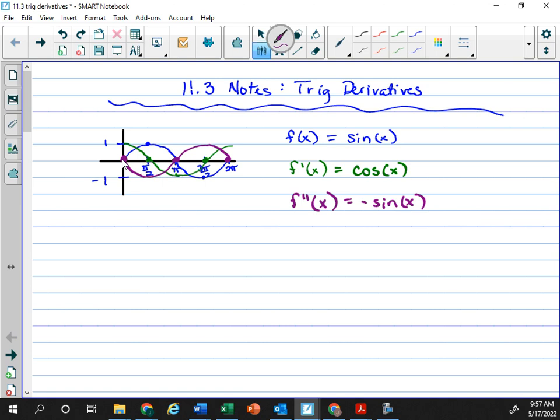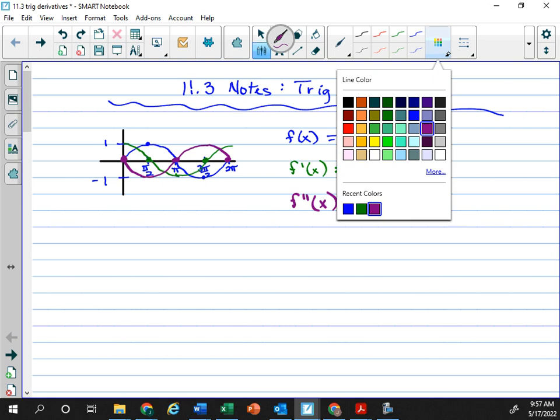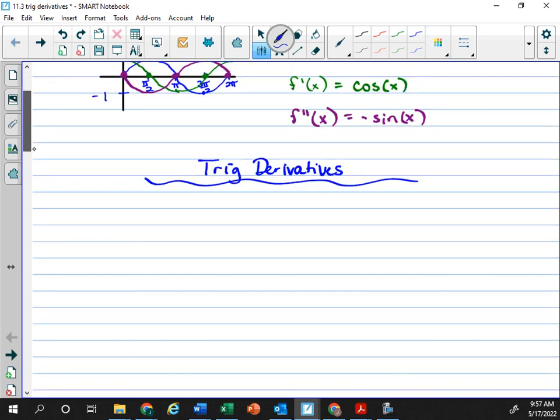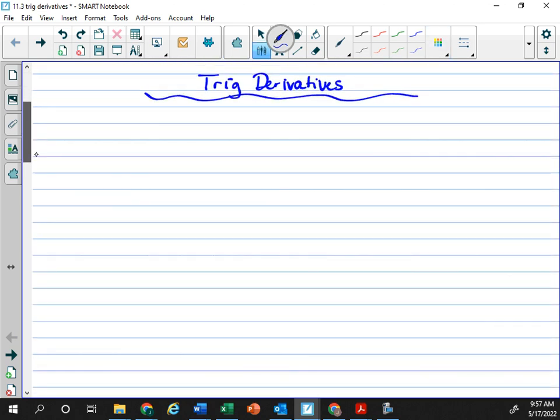We're not going to graph and find the derivatives all graphically, because that gets a little interesting with tangent and secant and cosecant, all of that. So we're going to make a list of our trig derivatives here. Now, I'm not writing a full equation and finding dy dx, all of that.